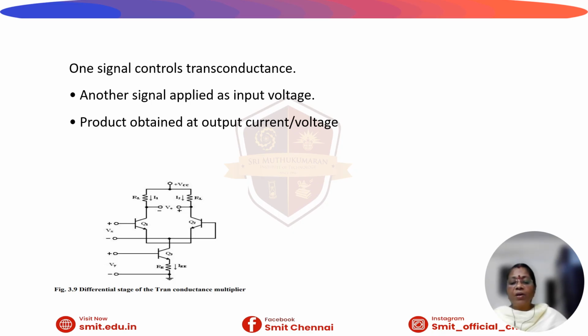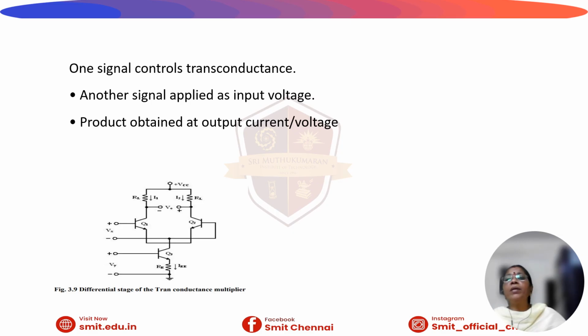Because the gain, that is the transconductance, is proportional to IE, which is controlled by the second voltage Vy, the resulting output current is effectively the product of Vx and Vy. So the output equation Vout is given as RL by Vt Re into Vx into Vy, where RL is the load resistance, Vt is the thermal voltage, and Re is the emitter resistance.